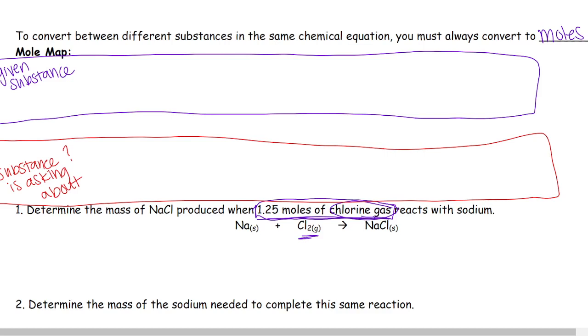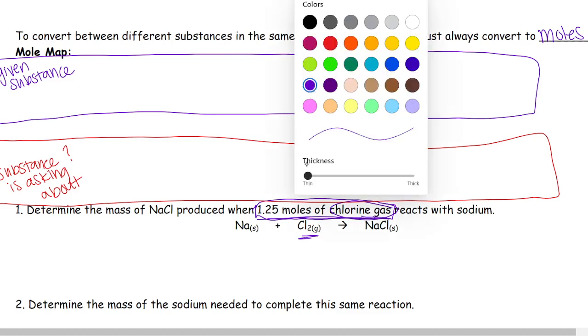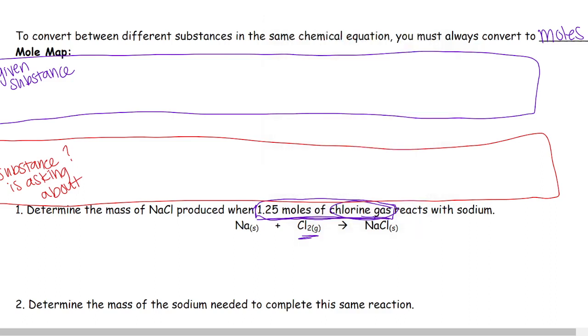Typically I will start in grams, because from grams there is only one place you can go. This doesn't necessarily mean that your given has been given to you in grams. It's just an easy way to start our problem. A lot of the questions do start in grams.